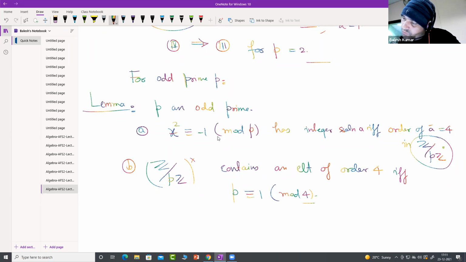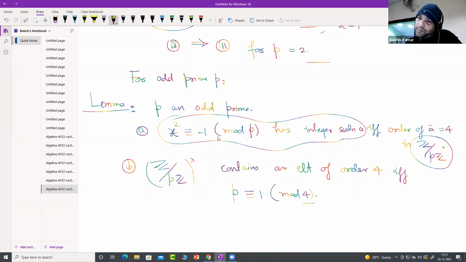So these two things. What this says is that if you assume 3, that x square congruent to minus 1 mod p has an integer solution, and 4 we need to prove, that p is 1 mod 4. From this lemma, it will be clear that this implies that the element, reduced modulo p, will have order 4.